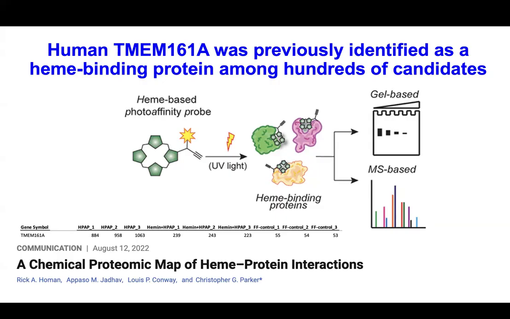And among the hundreds of candidates, TMEM161A appears in the list, and this is just one of hundreds of candidate heme-binding proteins, and obviously it requires confirmation, but nonetheless, it appears to be consistent with what we have seen for the human 161B protein as well, based on its heme-binding property.